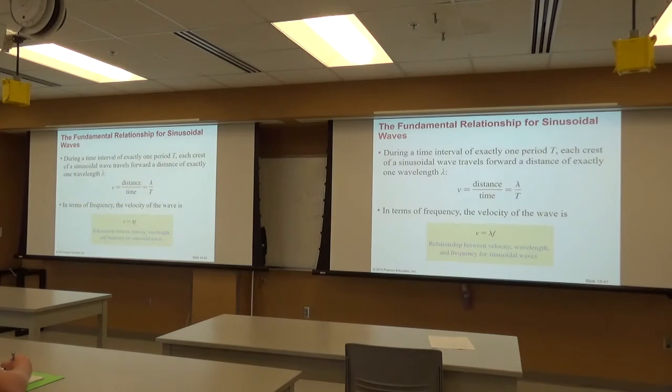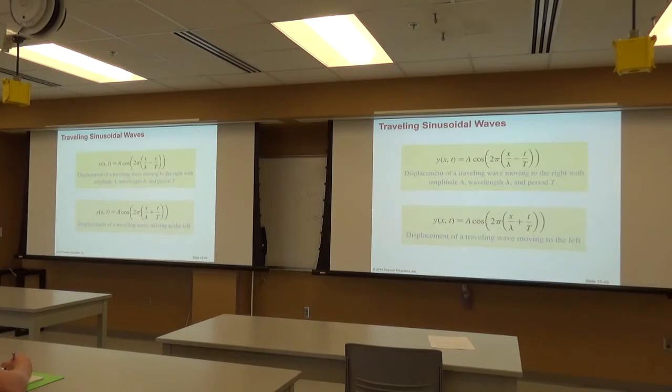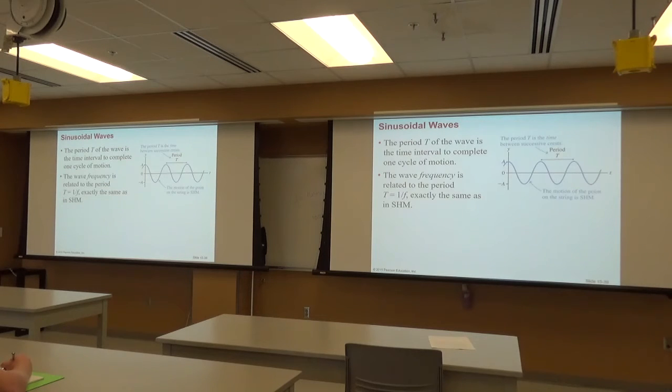So if you plug in distance to be lambda, then time would be the time period. And we know that 1 over time period is frequency. We just learned that here. Time period is 1 over frequency, and if we rearrange this, we get frequency to be 1 over time period.